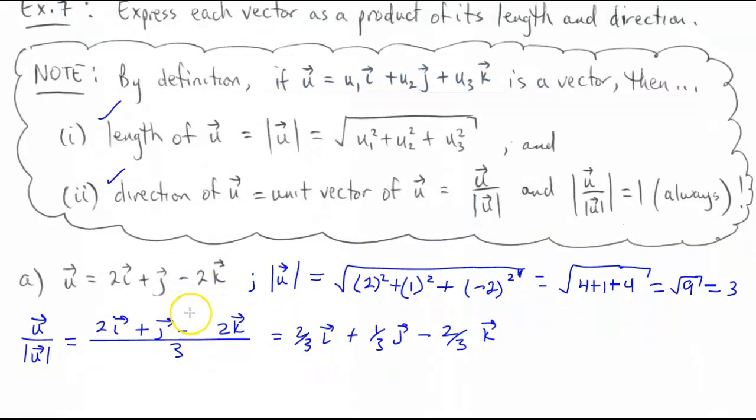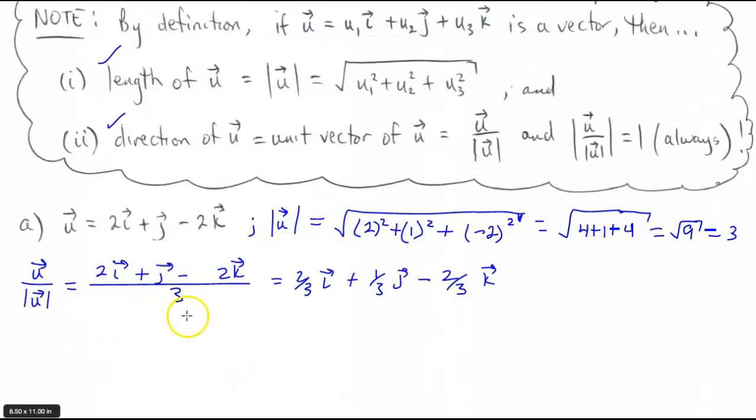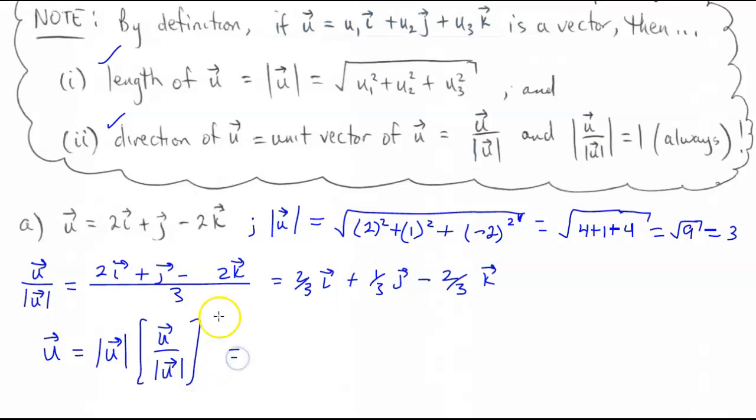Now that we have that, and this is really just a play on algebra, our vector can be expressed as the magnitude of vector u times the unit vector. The magnitude, or length, of vector u is 3, and that will be times this vector here.